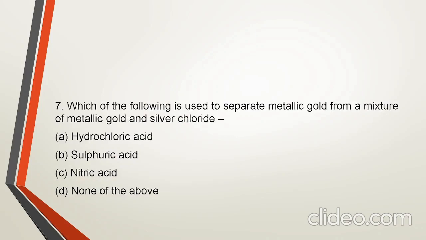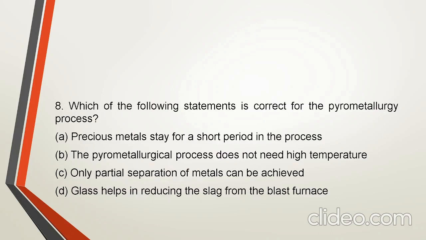Which of the following is used to separate metallic gold from a mixture of metallic gold and silver chloride? Sulfuric acid, ma'am. It's nitric acid. So which of the following statements is correct for the pyrometallurgical process? You can go through the statements and you can select one or more. C, ma'am.